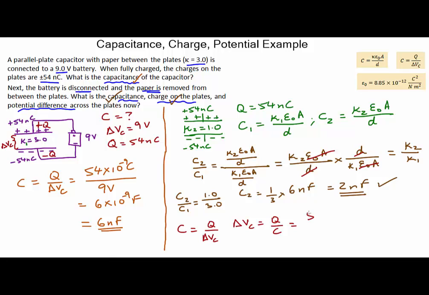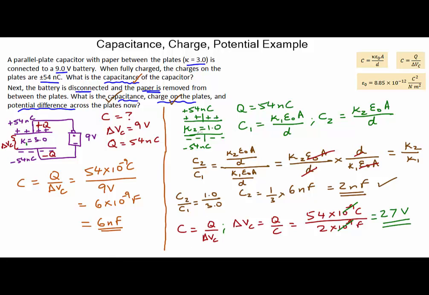I know that Q is 54 nanocoulomb, which I'm going to write like this, times 10 to the negative 9 coulomb. And the capacitance is 2 nanofarad, so that's 2 times 10 to the negative 9 farad. The 10 to the negative 9 will cancel each other. 2 goes into 54 27 times. Coulomb over farad is volt, so I get a potential difference of 27 volts.